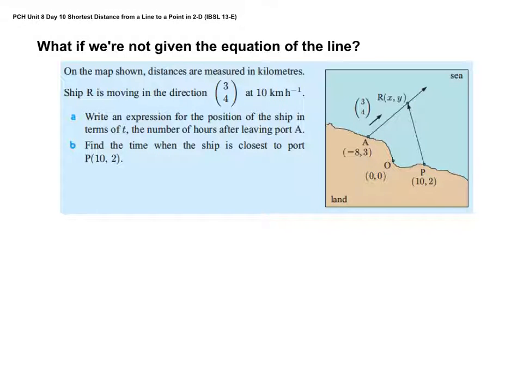Write an expression for the position of the ship in terms of t, the number of hours after leaving port A. Now question, does 3, 4 have a magnitude of 10? No. What's its magnitude? 5. So what is the actual velocity vector of ship R?